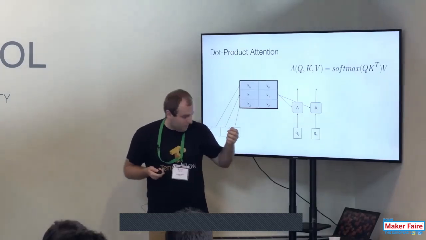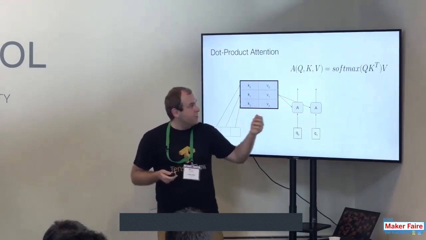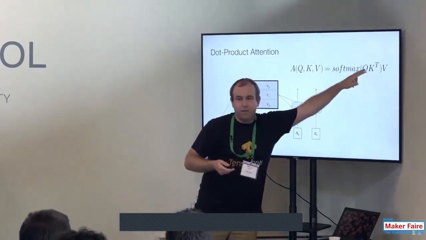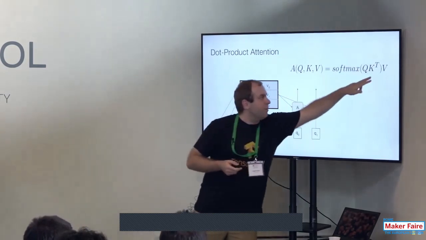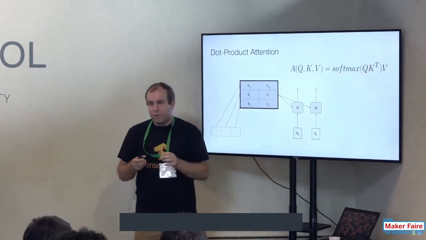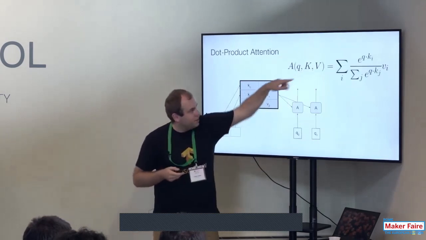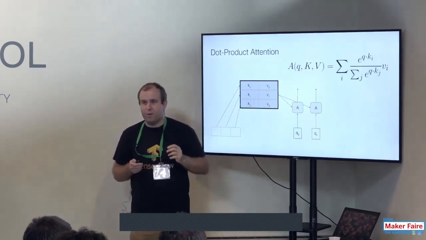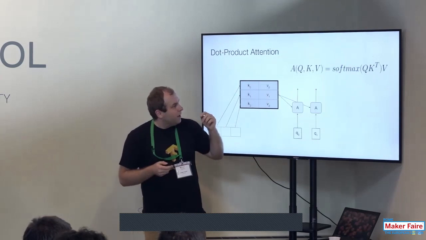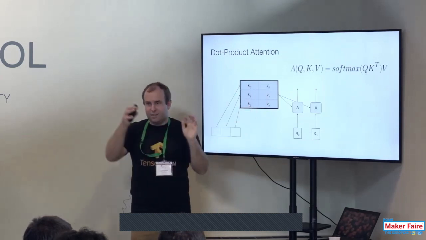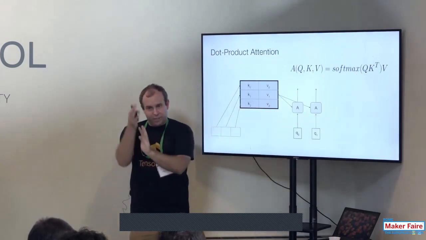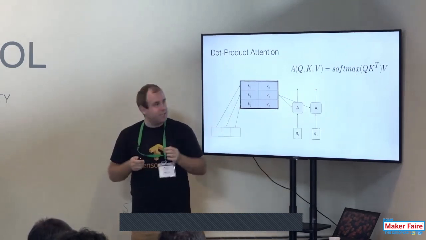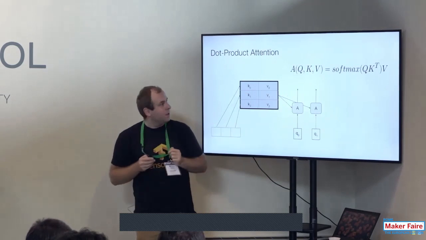So how to do this efficiently? Well, you take the query, multiply it by the transposed keys. So that's a matrix multiply. Then you take a softmax, which is like this exponentiation and normalization. And that gives you a mask. That gives you a probability distribution over keys, which is peaked at the ones that are similar to the query.